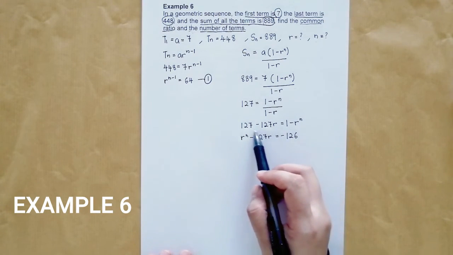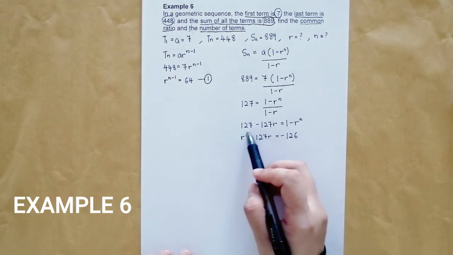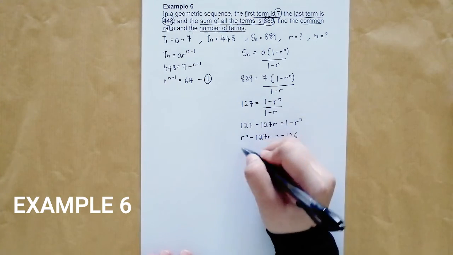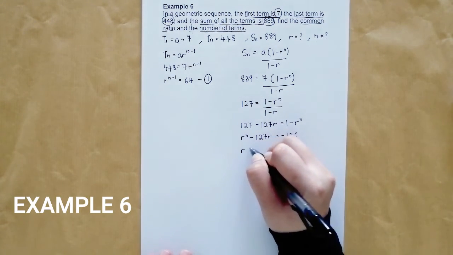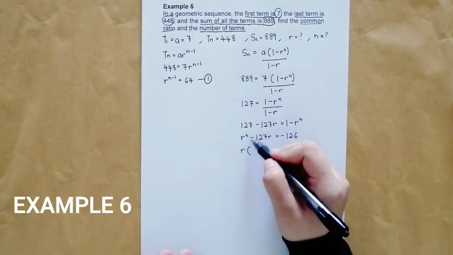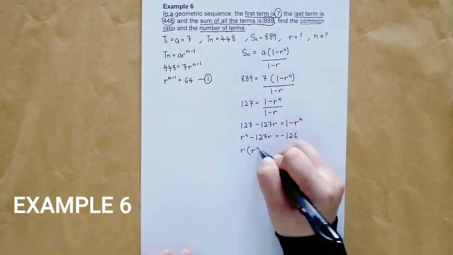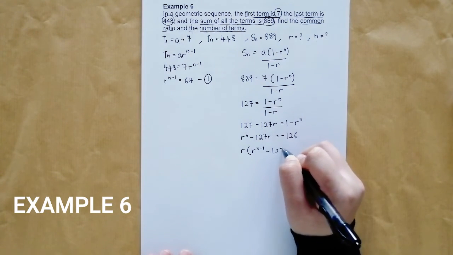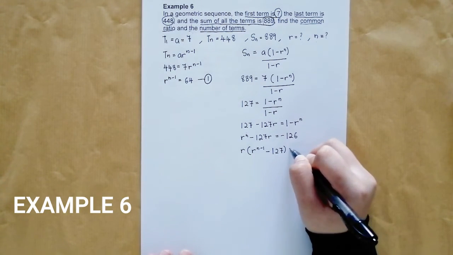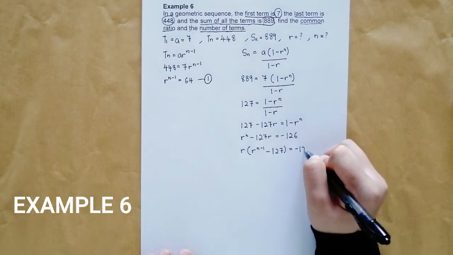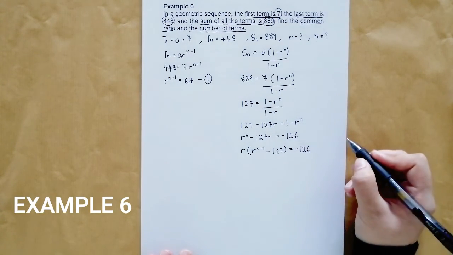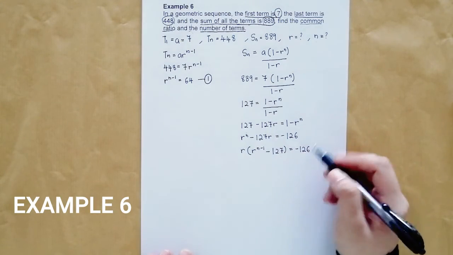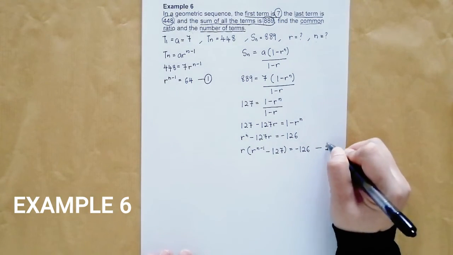Next, for this part, we can factorize R. So we have R in the bracket, R to the power of n minus 1 minus 127, equal to negative 126. Let's define this as equation 2.